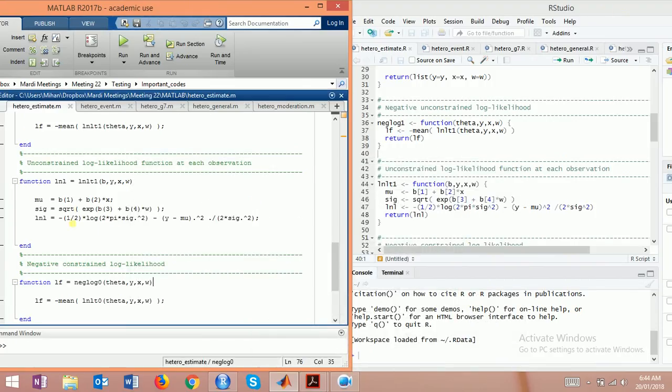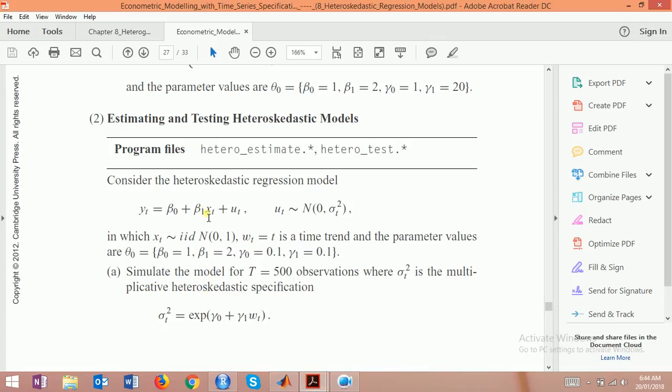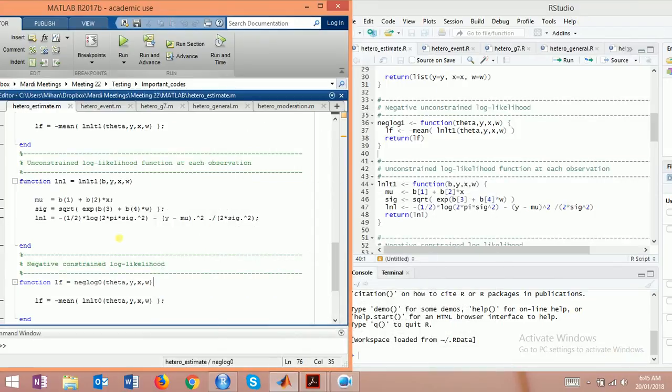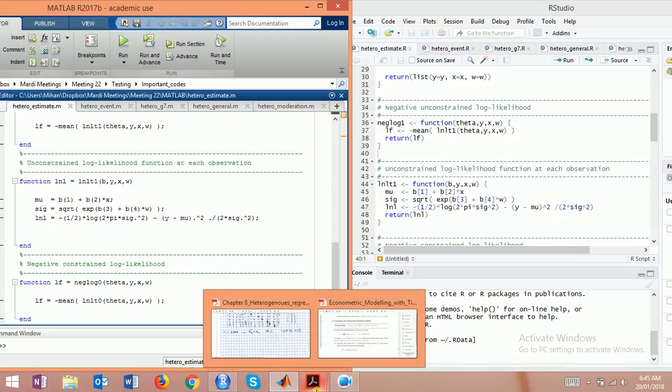So mu is beta 1 and beta 2 x. Beta 1 is beta naught, beta 2 is beta 1, because these are the unknown parameters. Gamma naught and gamma 1 are also unknown parameters. So sigma is the square root of exponential beta 3 and beta 4, and we use these for our log likelihood function.